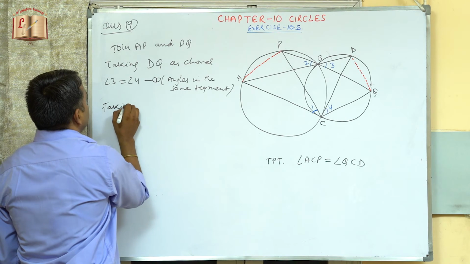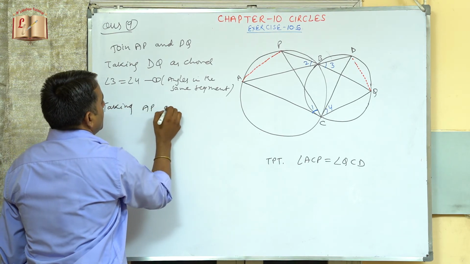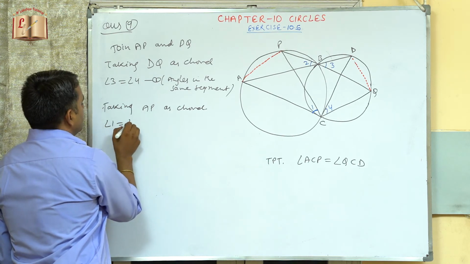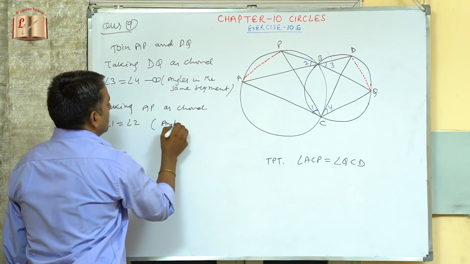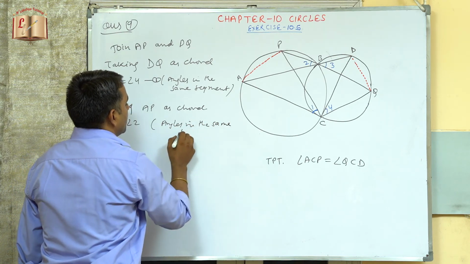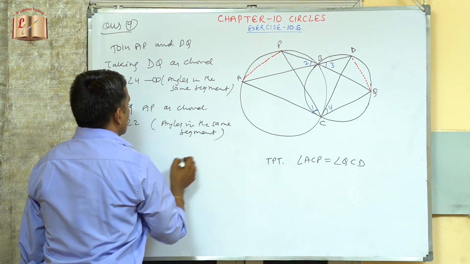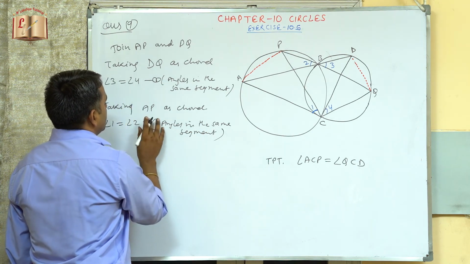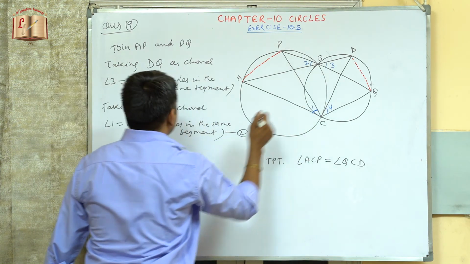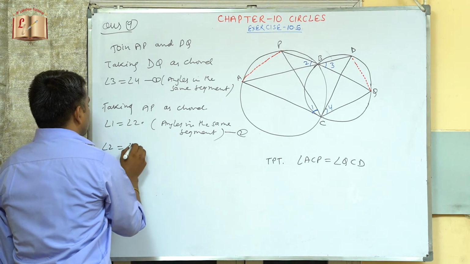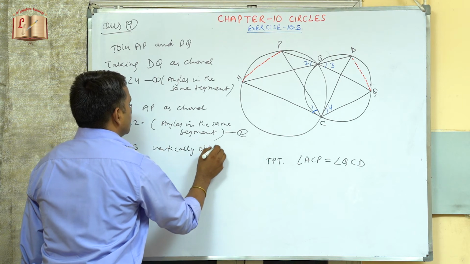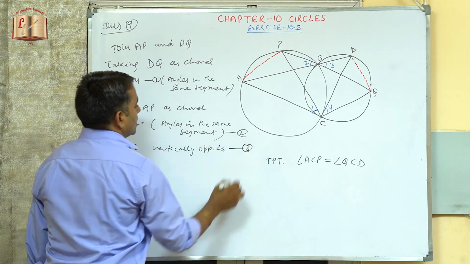Taking AP as chord, we can write angle 1 is equal to angle 2, again angles in the same segment. So this is now equation number 2, and angle 2 is equal to angle 3. They are the vertically opposite angles. So this is now equation number 3.